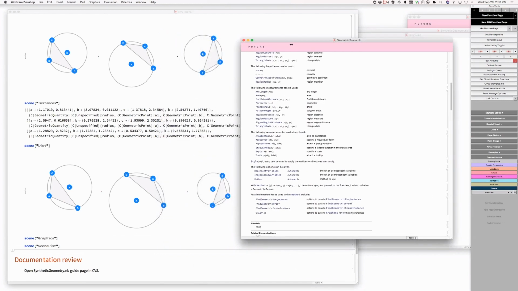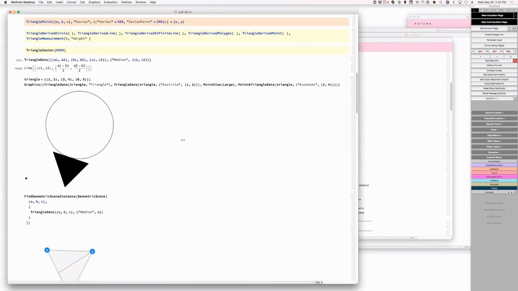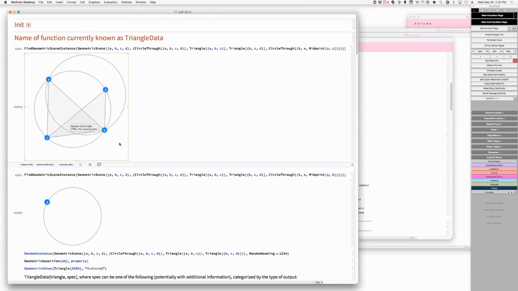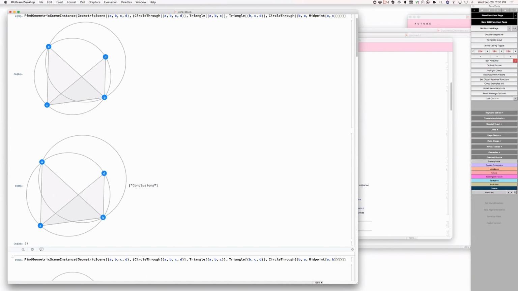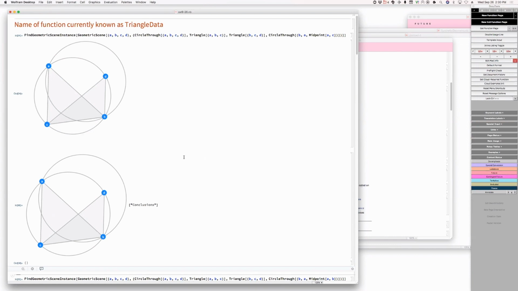So just so I understand, if I go back up to my original example here, and I take this creature, and I say conclusions here. Since we didn't run find geometric conjectures, there are no conclusions, so just an empty list at this point. Right.